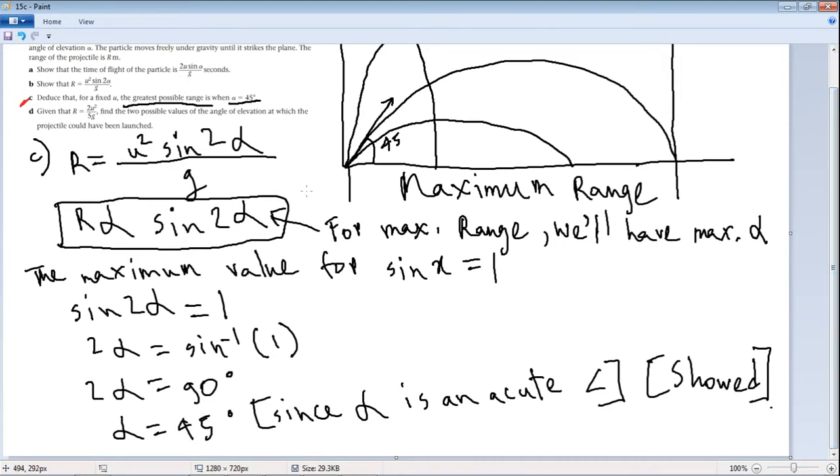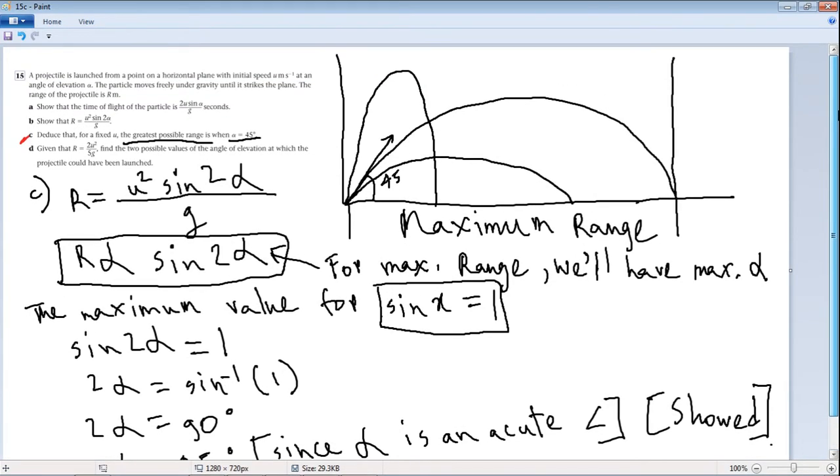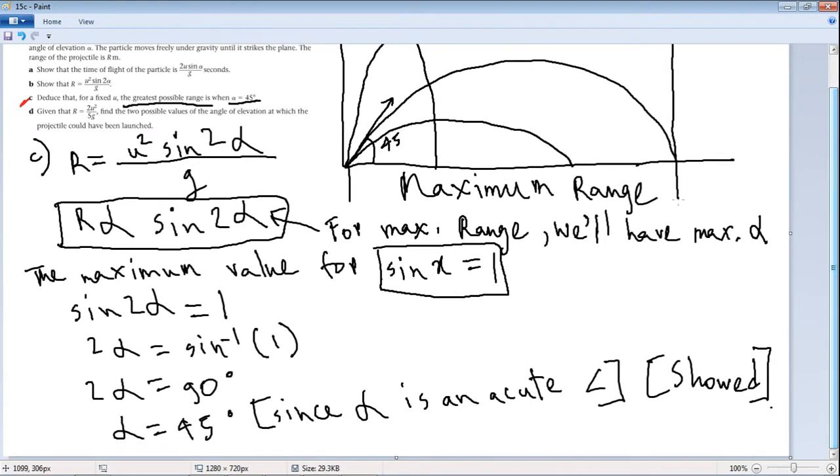And the maximum value of sine x, where x can be twice alpha or beta, any angle, is 1. We have just used this concept over here. Did I miss anything? That's all for C. So this is the solution for C.